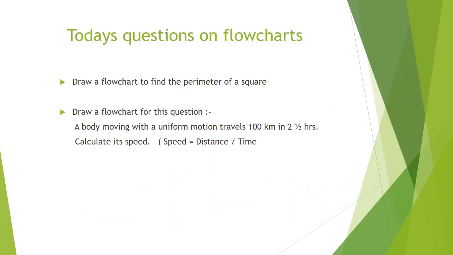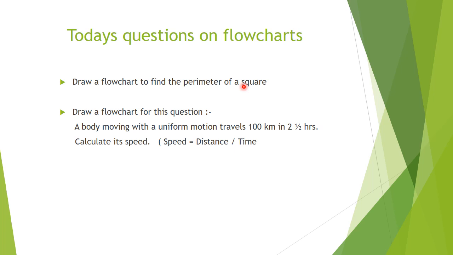Now today's questions on flowchart, we'll be discussing these 2 questions. The first question is drawing a flowchart to find the perimeter of a square. You learnt these questions in your maths in 6th standard, the perimeter of a square, perimeter of a rectangle, all these things. So it will be a brief recap for you in your maths subject as well.